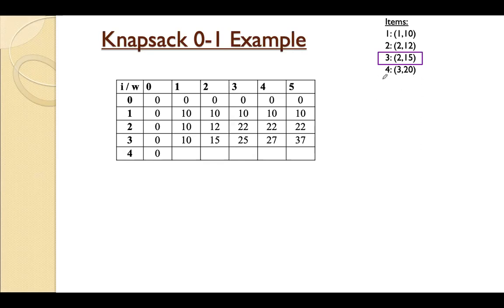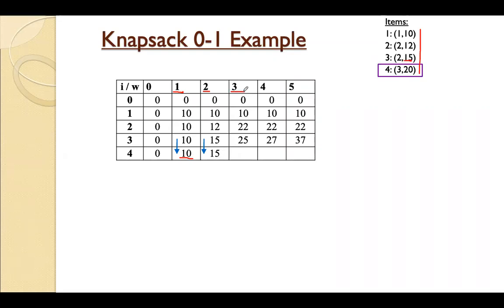Next, finally, we'll come to the fourth item. When W is 1, we can only store the item of profit 10, so we'll write it as it is. When W is 2, now we are talking about all four items together. Among these two, 15 is highest, so we'll write down 15.